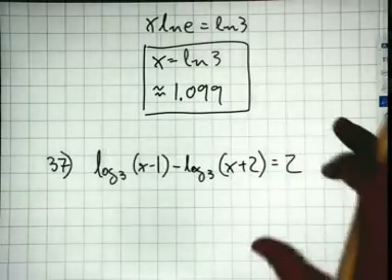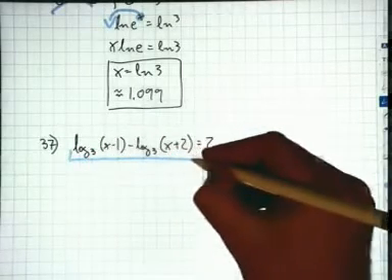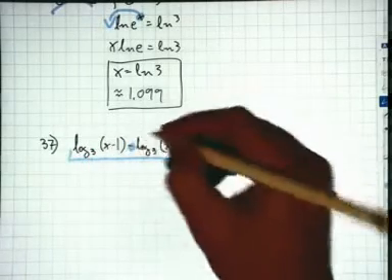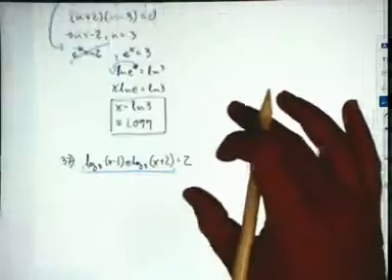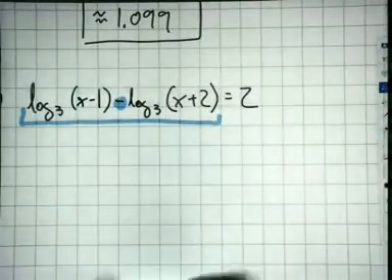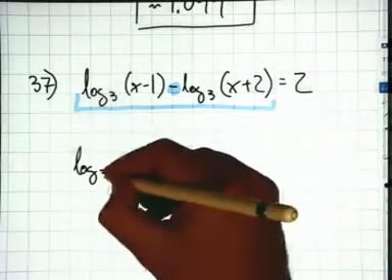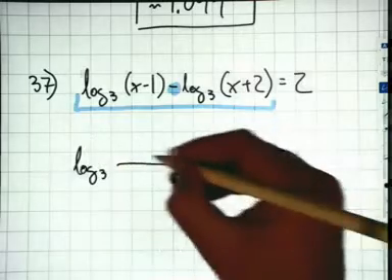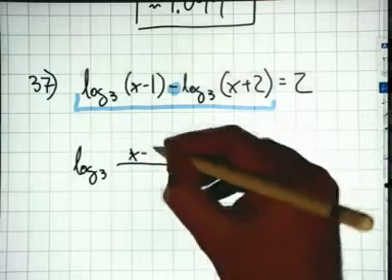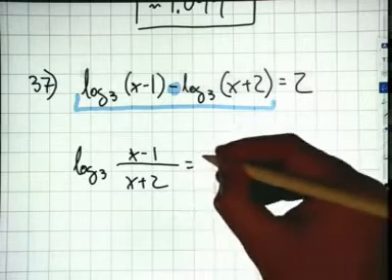So what I would start off doing is I would consider condensing these two logarithms, and since there's a minus sign right there, we're going to use the quotient rule to condense. So this gives us the log base 3 of x minus 1 over x plus 2 is equal to 2.